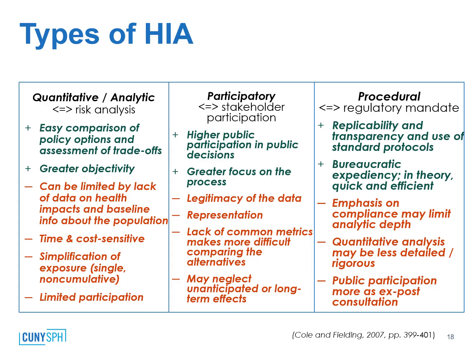Meanwhile, participatory health impact assessments emphasize stakeholder involvement, increased legitimacy and representation, but sometimes they lack common metrics or overlook long-term impacts. And thirdly, procedural assessments are mandated by regulation and ensure transparency and consistency, but can become bureaucratic and less responsive. Each type has its trade-offs depending on the context.